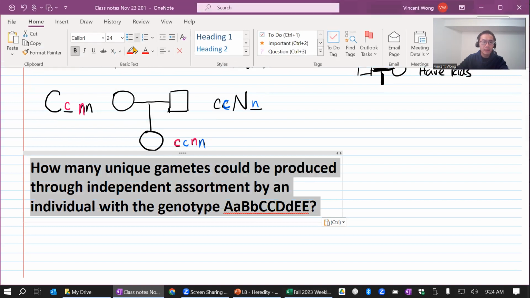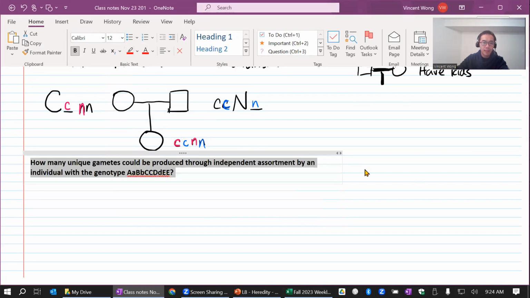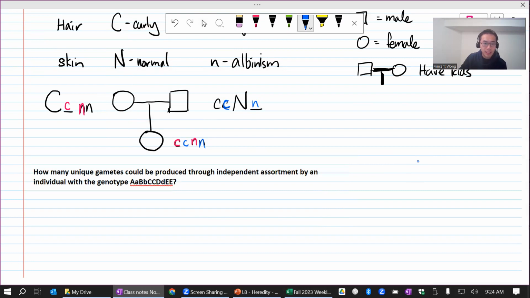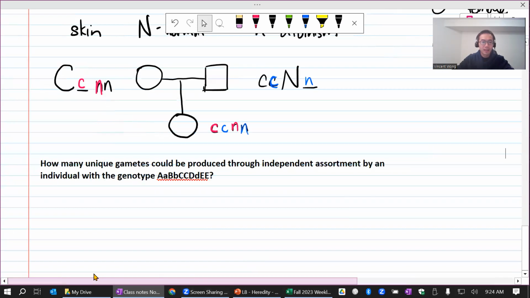How many unique gametes could be produced through independent assortment by someone with this genotype? Now we're not going to do the thing that we did before, because that's too many combinations. I cannot handle that mentally.